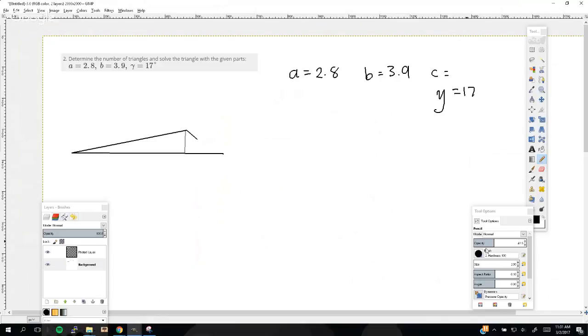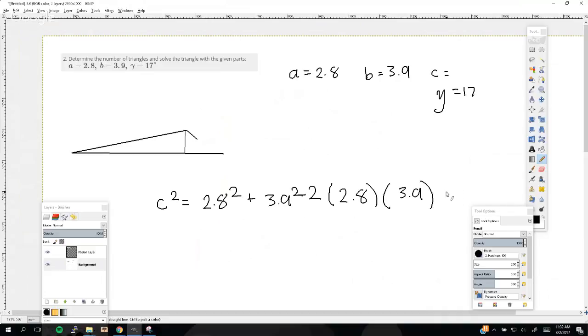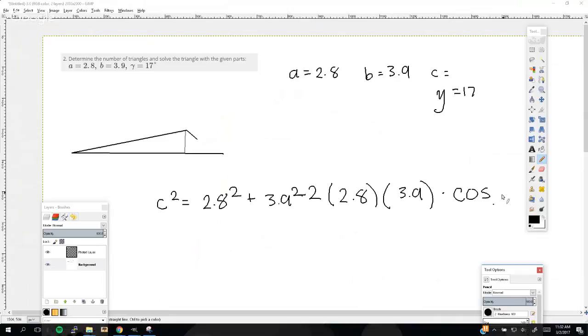So if you're solving for C, you do C squared equals A squared plus B squared, minus 2AB cosine C. So that's 2.8 squared plus 3.9 squared minus 2 times 2.8 times 3.9 times the cosine of 17 degrees, right?